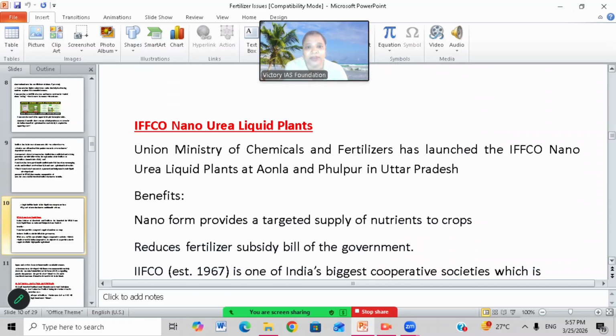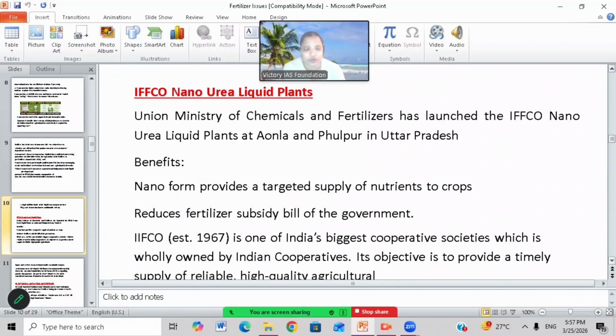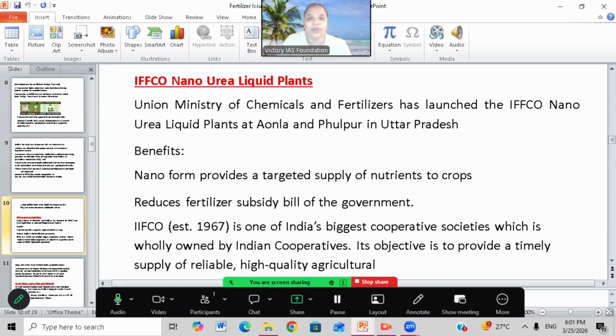So with 400 rupees you are replacing 4000 rupees. Recently, the government even launched liquid nano urea plants at Aonla and Phulpur in Uttar Pradesh. Apart from Gujarat, two more plants have been established in Aonla and Phulpur areas of Uttar Pradesh.